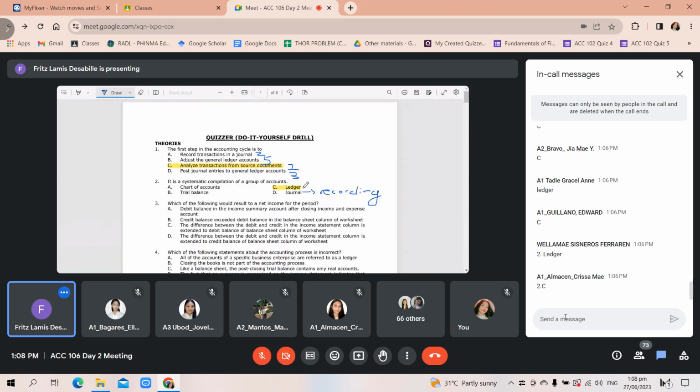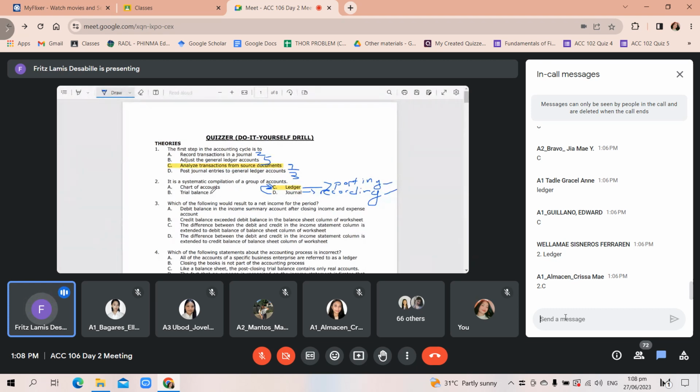The ledger is in posting. So recording in the journal, after we record, the accounts' balances or transactions are posted in the ledger. So journal is recording, ledger is posting.